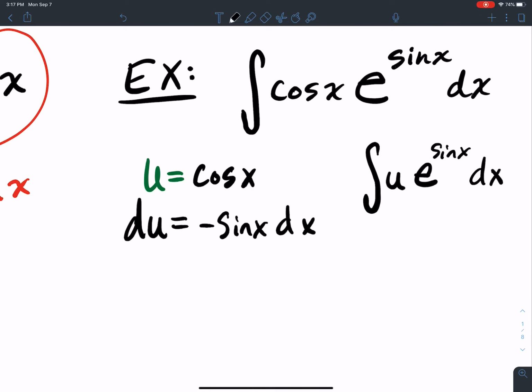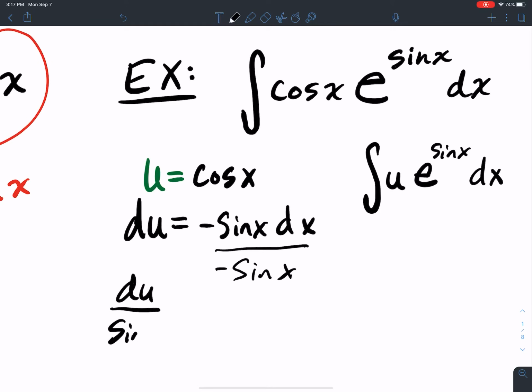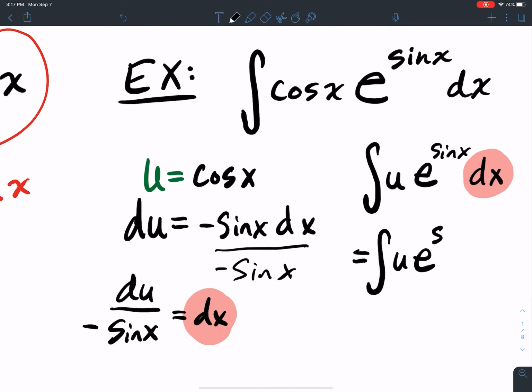dx, right? Well, if I divide both sides by negative sine of x, I have du divided by negative sine of x equals dx, right? So I can replace this dx with this here, and that gives me the integral of u e to the sine x du over negative sine of x.